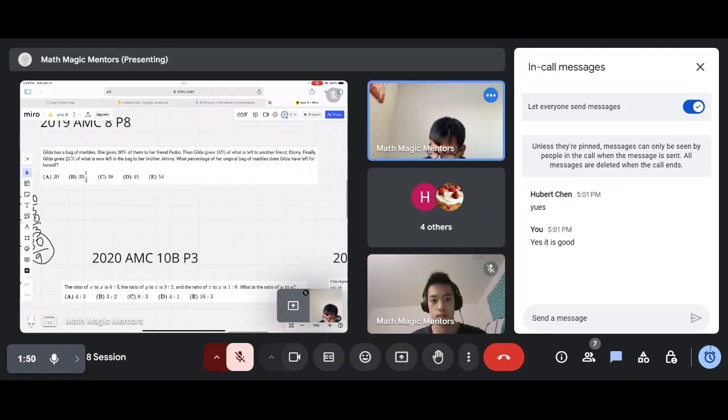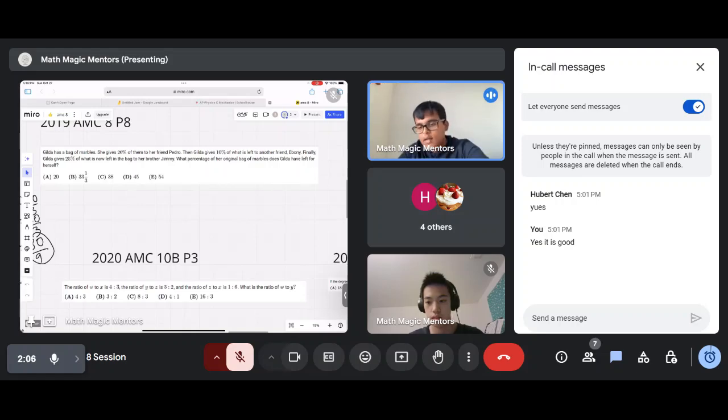Right? So, in order to start this problem, does anyone have any ideas on how we could start this problem? If not, I'll just continue. This one, the 2019 AMC problem.